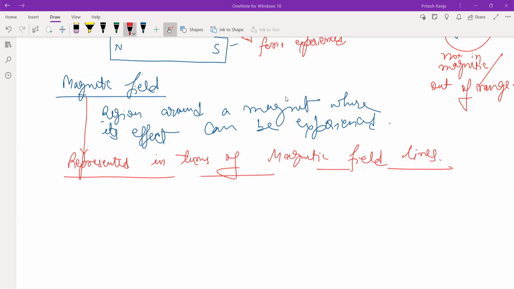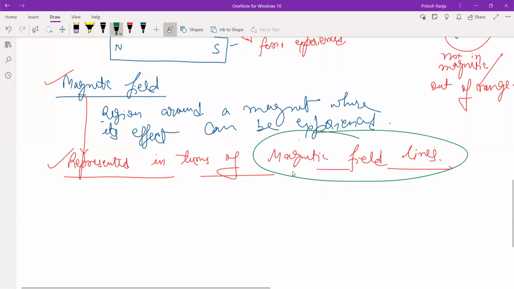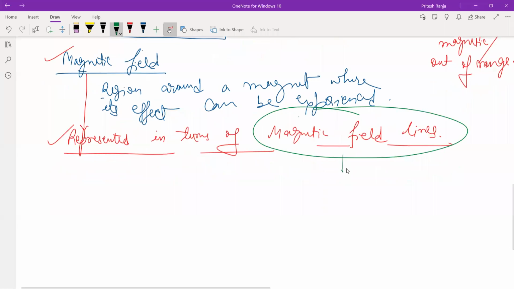So everyone should remember, especially the magnetic field, that it's the region. And how do we represent that region? Using magnetic field lines. So what is a magnetic field line? This is an imaginary line. There is no real magnetic field line which is present.